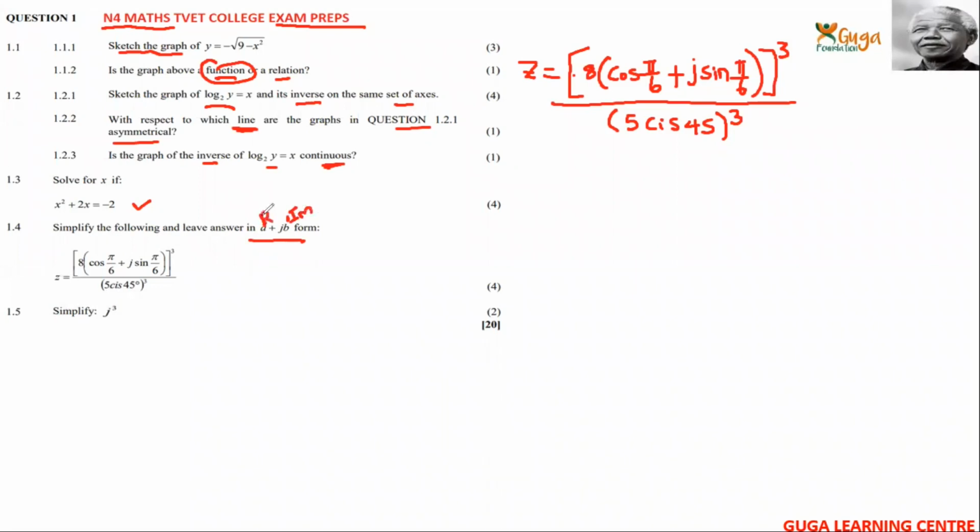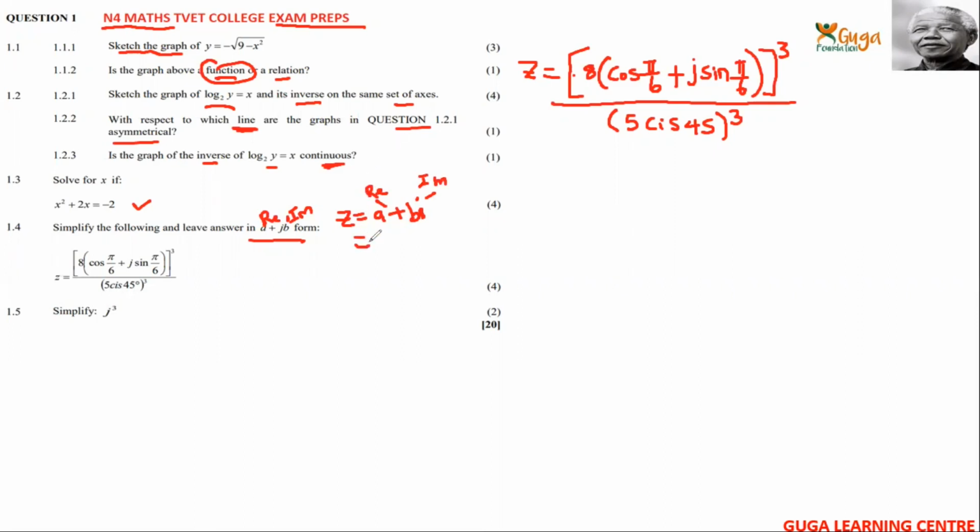Normally it's given by z is equal to a plus bi, or bj, where b is imaginary and a is real.